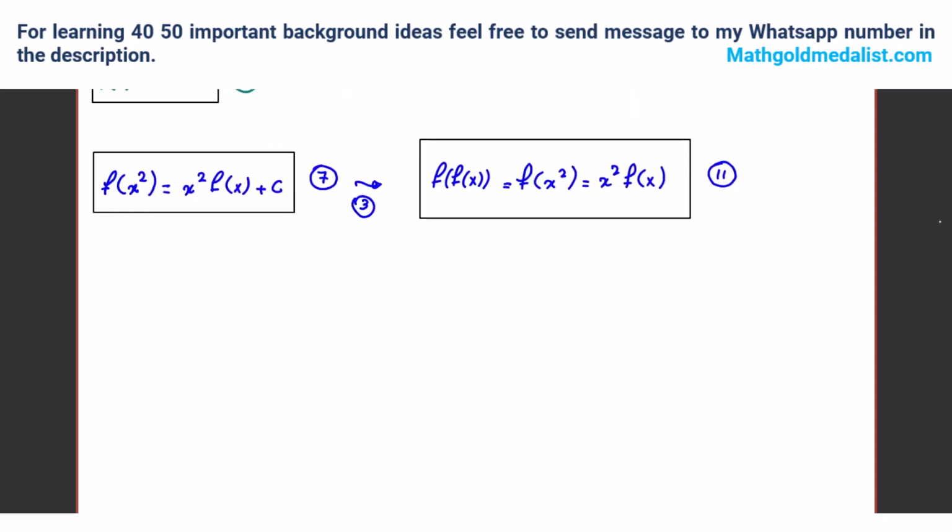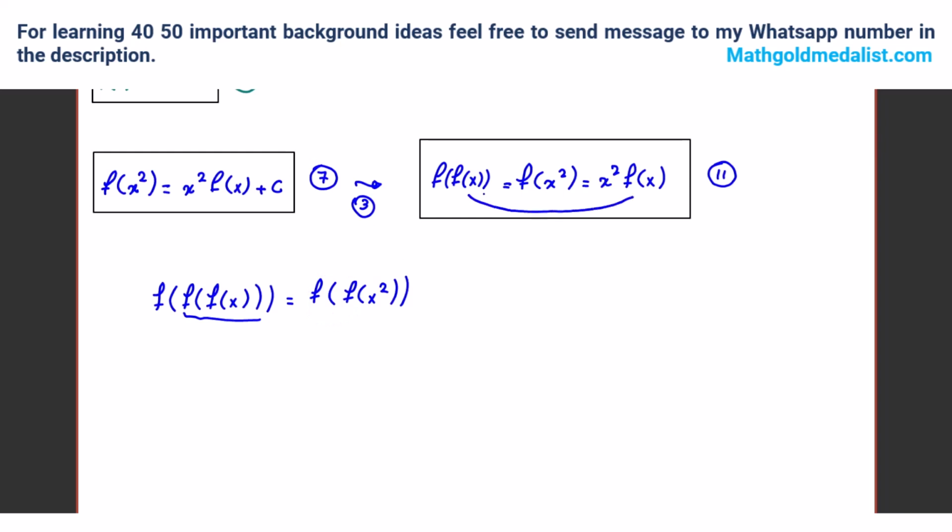Okay, because now we have f of x that is equal to two things. Let's calculate f of x two different ways. So we can say what? If we use this part, we can say f of x. If we use this part, is f of x squared. So we can write f of x squared. And then we know f of something.